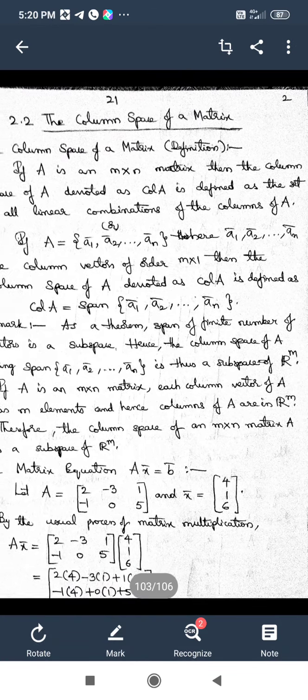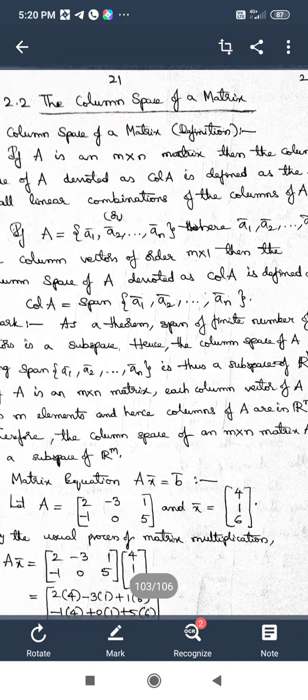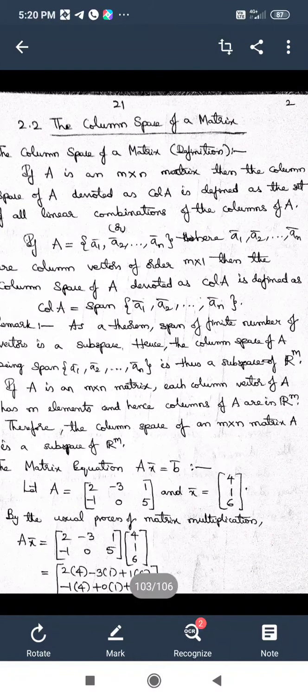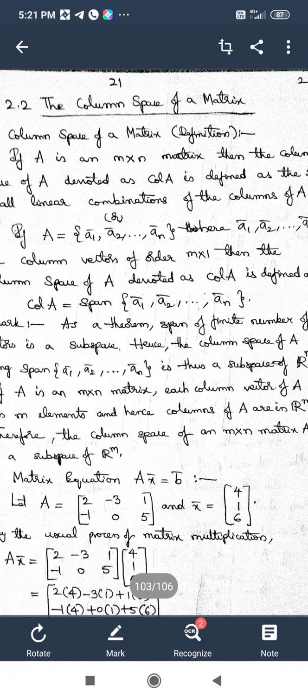That itself denotes that the matrix A has m rows and n columns. If it is so, the column space of A, denoted as COL A, can now be defined as COL A equals the span of the set consisting of the column vectors a1 bar, a2 bar, so on, an bar.